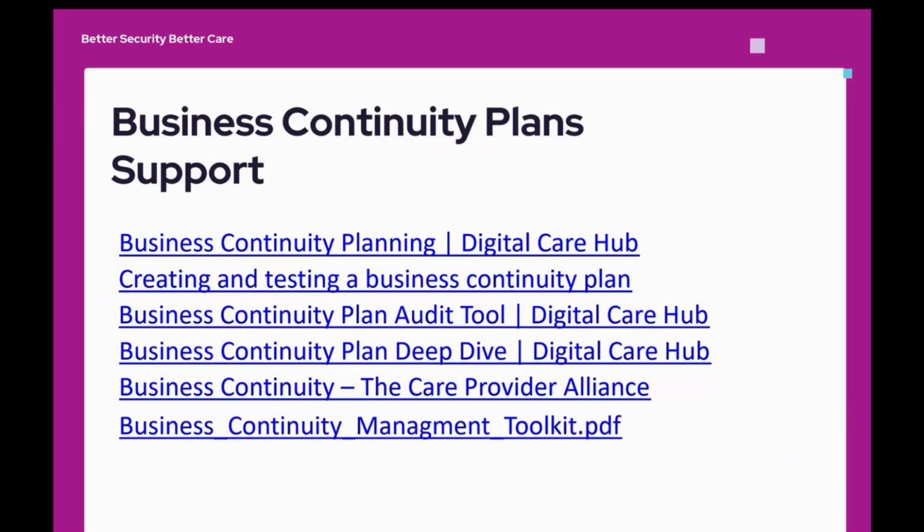So working with the Digital Care Hub, there's lots of resources and templates and help, and obviously we can help as well. But with the links we've got here, there's a link from the Care Provider Alliance and also from the .gov website as well. And another resource that I've not put here, but I will add when we produce a little booklet, is the Cyber Resilience Centre. Great amount of resources and support.